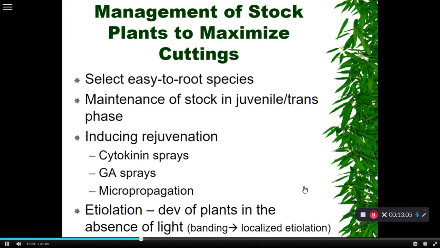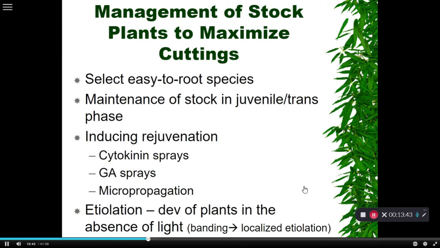Many other plants, it's the method of micropropagation. In the methods of micropropagation, those plants tend to be in the juvenile state. And as they grow up and mature and go out into the field, they continue to be in that juvenile state and exhibit good rooting potential. So yes, we have some of that knowledge at our disposal on how to rejuvenate existing stock plants that are physiologically mature.